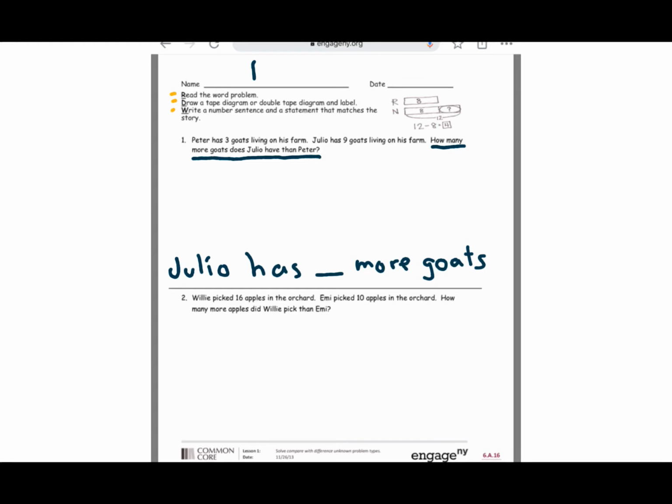Oop, I'm going to try and squeeze it down here. Then Peter. Peter is my other character in the story. And now I just changed my question into a statement. And this is what we want to find out. Julio has blank. We want to find out what goes in that blank.